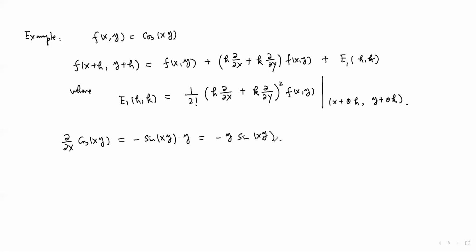Now compare the partial derivative with respect to y of cosine xy. This time x is a constant, so again by the chain rule, negative sine xy times x, so negative x sine xy.